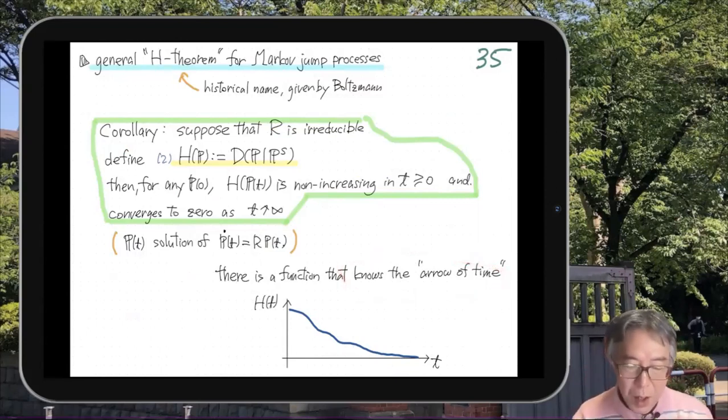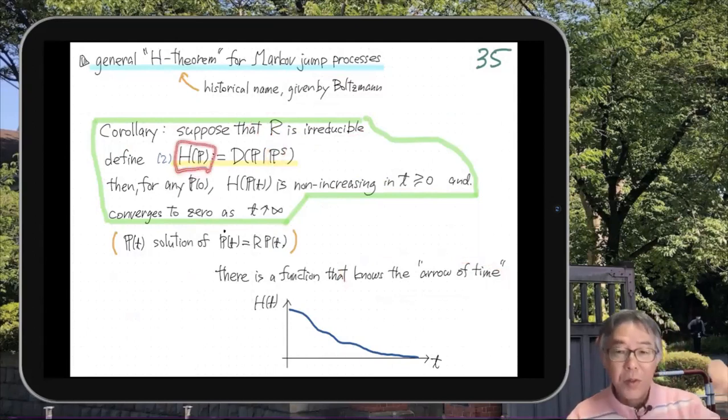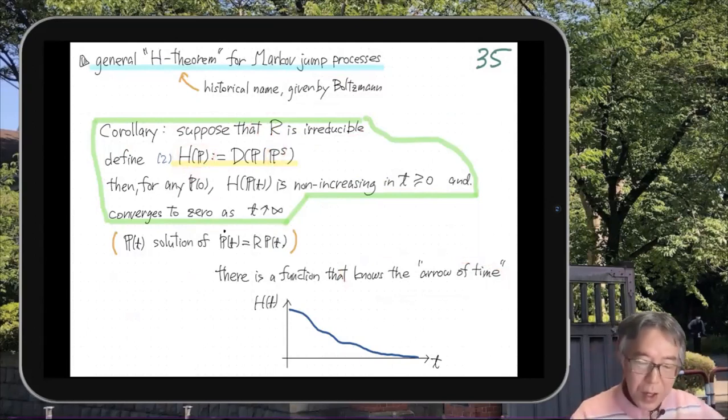What does it mean? We suppose that R is time independent and irreducible. Then there is a unique PS. So I define a function of P called H(P). This is not the Shannon entropy. I follow the notation of Boltzmann here, but I don't use H(P) anymore, I think. So forgive me for using this confusing notation.